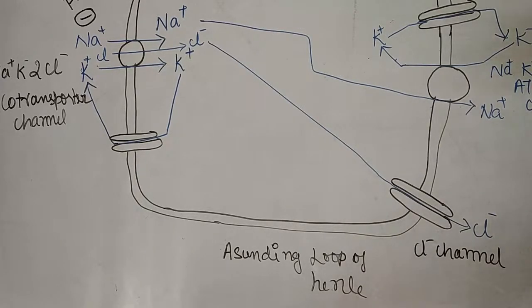Now this is the sodium potassium ATPase channel. This channel will open only when it utilizes one ATP molecule. When this ATP is utilized, the sodium and potassium channel will open.